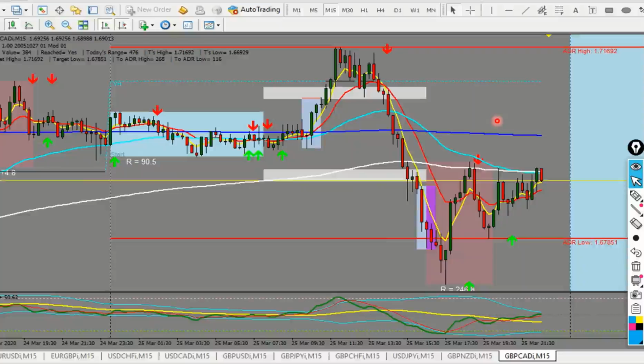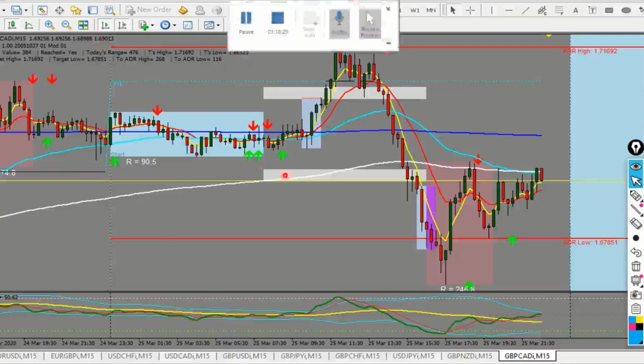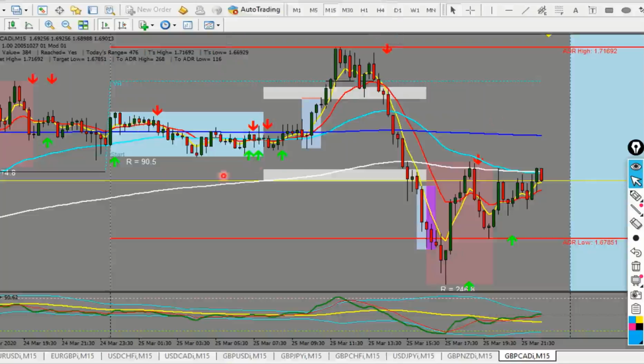So again, looking at this chart, I will try to explain a lot of things on it. What we have in here is the accumulation phase. Let me start with these numbers in here. GBP chart, M15, we have our ADR value. Pen is too big.